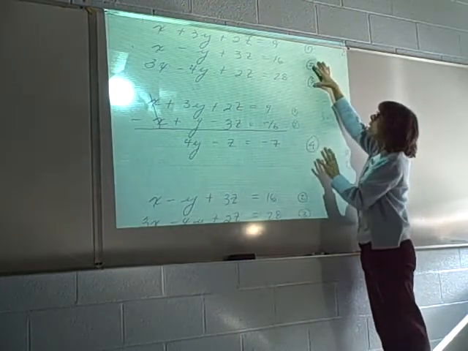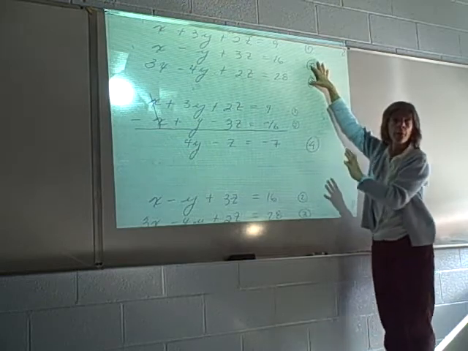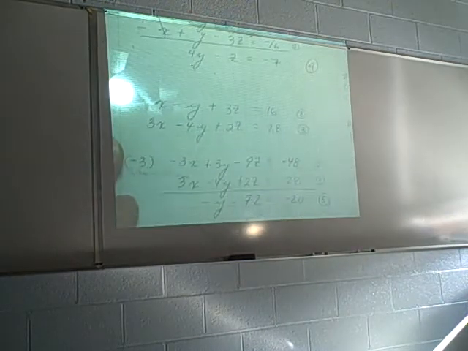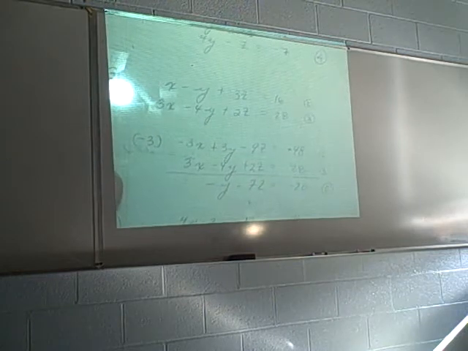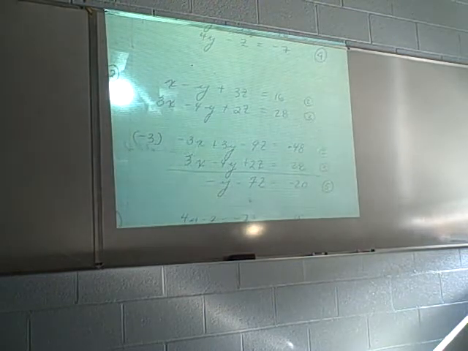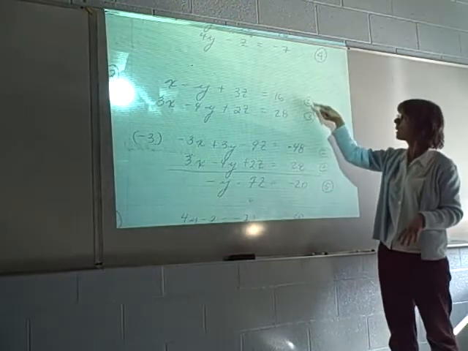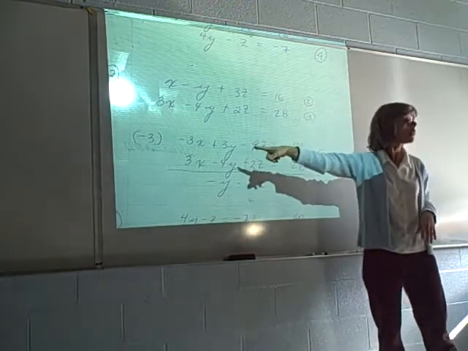I eliminated the x in 1 and 2. I'm now going to try to eliminate the x in 2 and 3. Okay? So here is equation 2 and 3. And I'm thinking, I want to eliminate the x because I eliminated the x in equations 1 and 2. I'm going to try to eliminate x now in 2 and 3. And I can do that by what?